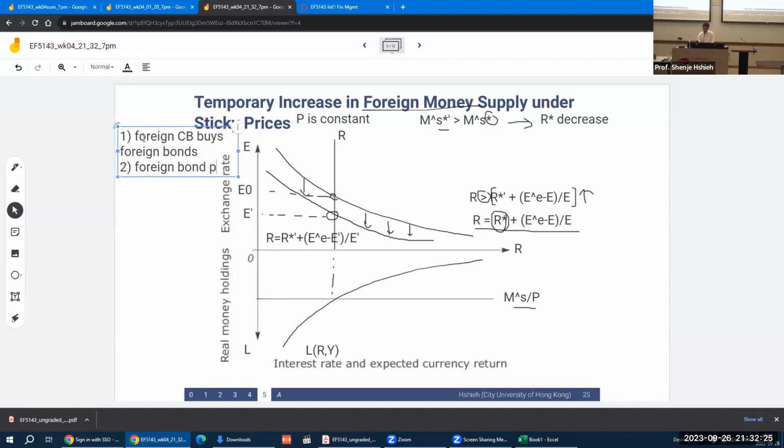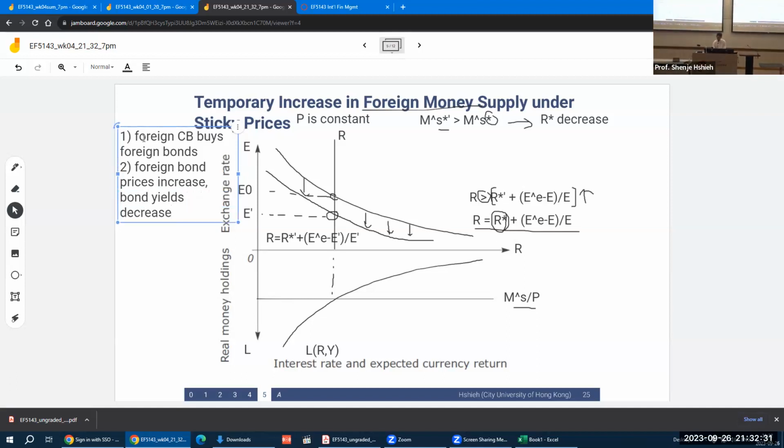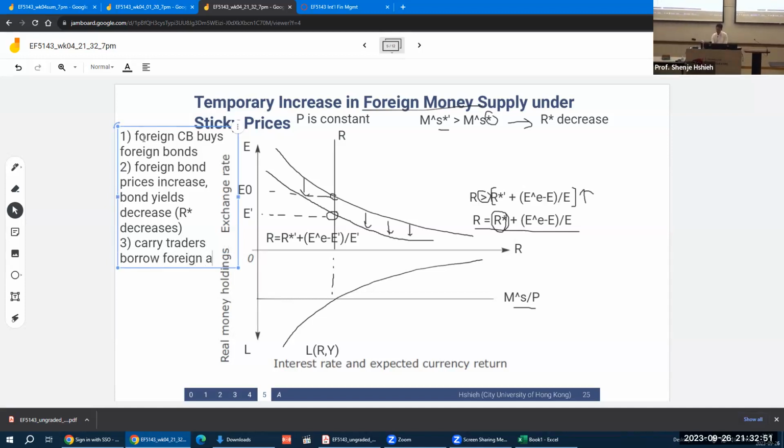Foreign bond prices increase and bond yields decrease, and therefore R star decreases. Then foreign carry traders borrow foreign and lend out domestic.